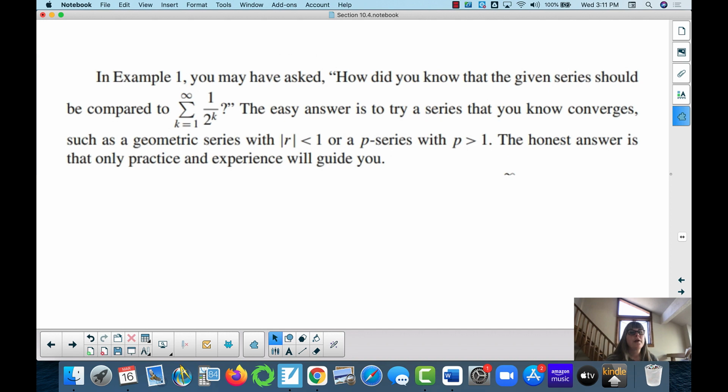This was an easy one. We knew that that geometric series converged because our r was 1/2. We can also use p-series where p is greater than 1, because those are ones that we can quickly find out converge, and then we compare them. But again, you're just going to have to practice picking the right one for comparison.